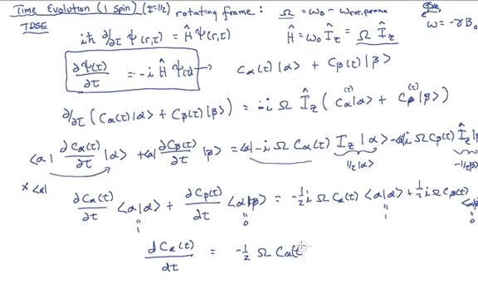And the solution to this is very well known in differential equations. So I'm just going to write it here, and we can prove it in a different screencast. It'll be C alpha at time 0, times the exponential of minus a half i frequency t.